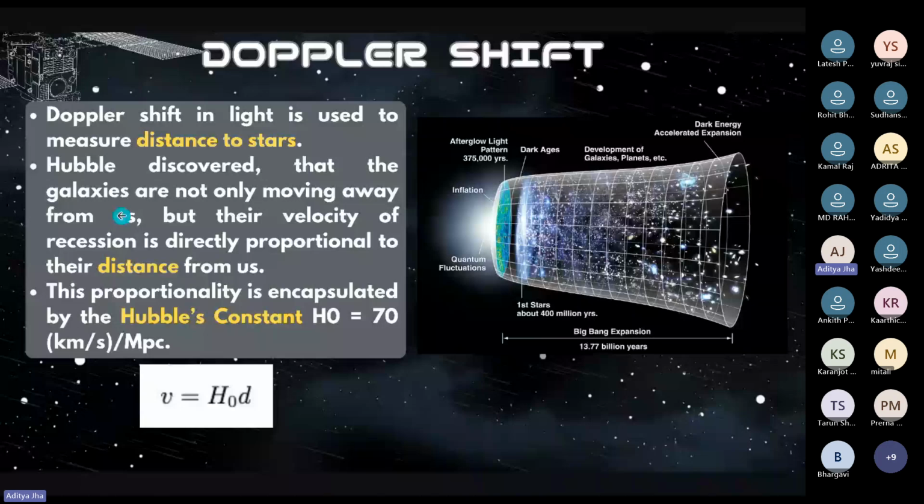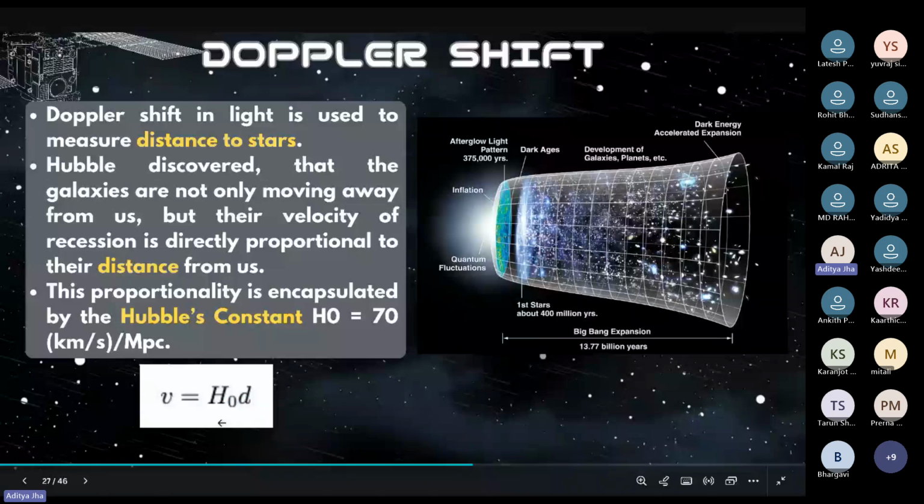We can find their recessional velocity and find it to be proportional to their distance from us. This proportionality is written like this, where H naught is Hubble's constant. Using the redshift, we can find the recessional velocity, and using that, we can find the distance to the stars we are trying to study. So this is an interesting application of Doppler shift.